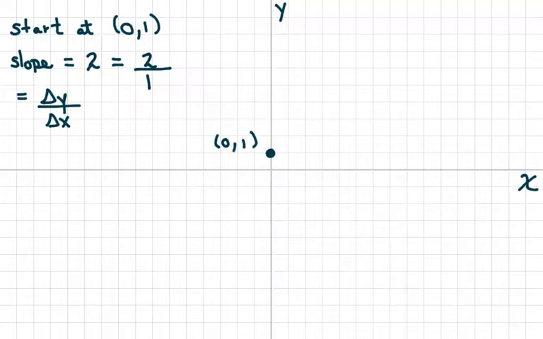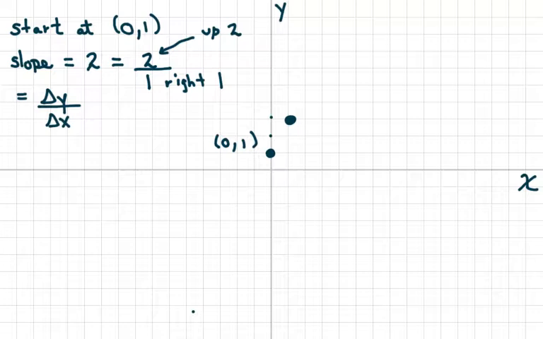And it says, okay, from this point that you know, how do you get to the next point? Well, y changes by +2. So that tells me to go up 2. X is +1. So it tells me to go right 1. And I can do this all day long. I'm going to go up 2 and right 1, and that's going to be another point.